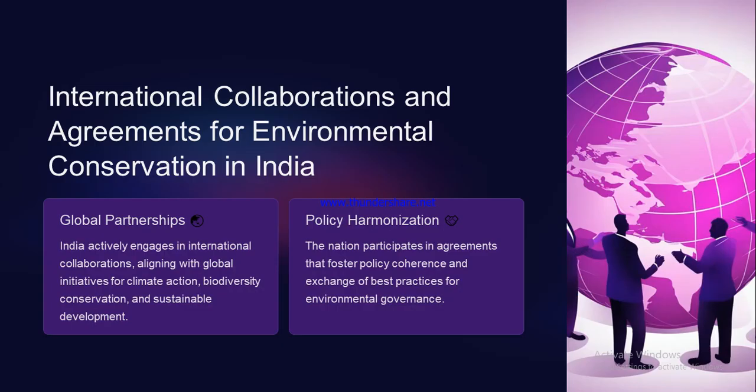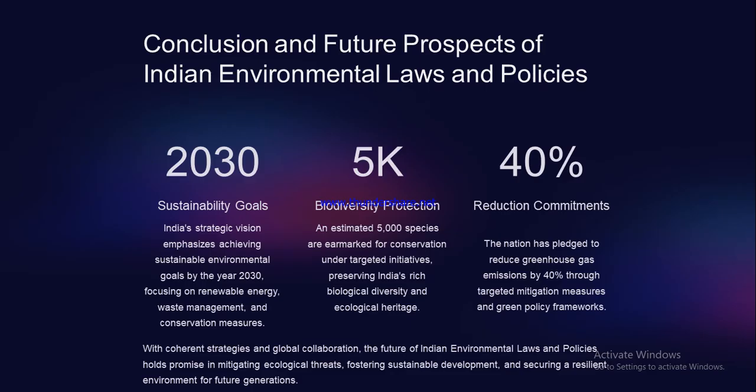Then under the provisions of the environmental laws, the Water Prevention and Control of Pollution Act was enforced in 1974. You know, students, it was a legislative measure which aimed at preventing and controlling water pollution. Under the provisions of the Water Prevention and Control of Pollution Act only, the Central Pollution Control Board (CPCB) was set up.